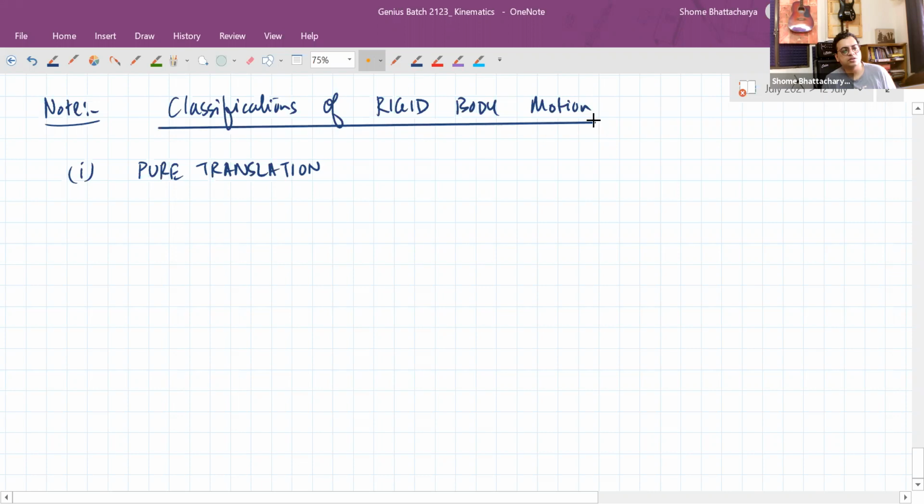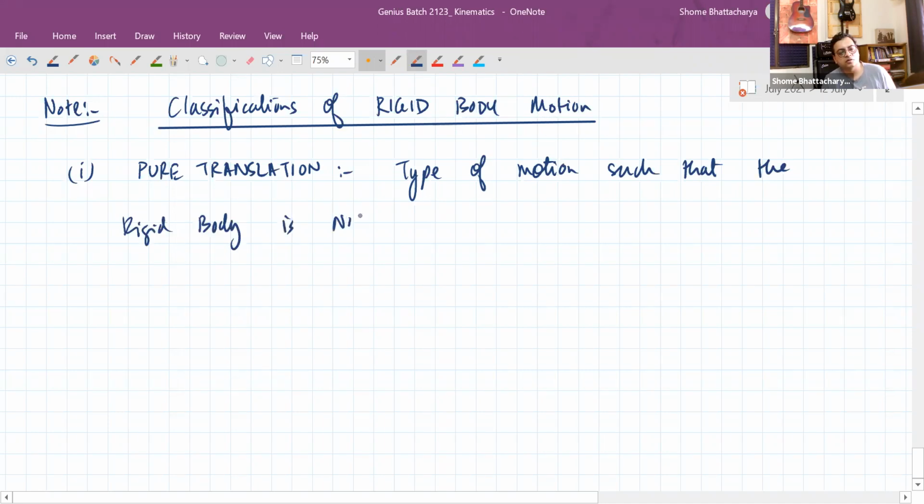So let's first understand the definition of pure translation. Pure translation is the type of motion such that the rigid body is not in rotation about its center of mass.